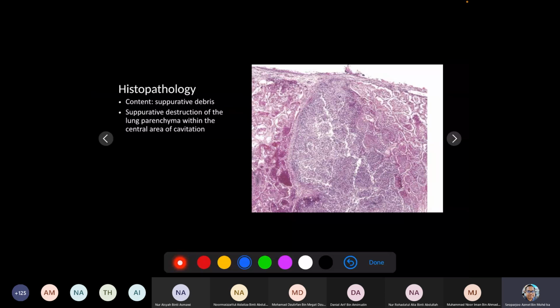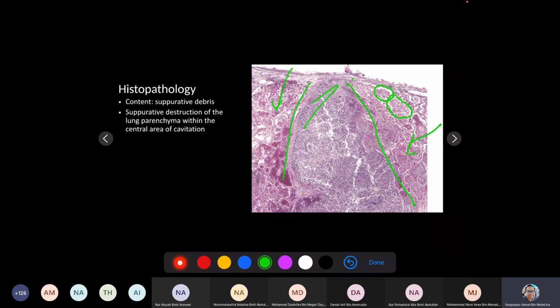This suppurative debris is caused by destruction of the lung parenchyma, and there will also be a central area of cavitation. This is just to help you orientate. Remember previously, the alveolar space. Here is one alveolar space, here is another. You can see there are a lot of alveolar spaces here and also here.